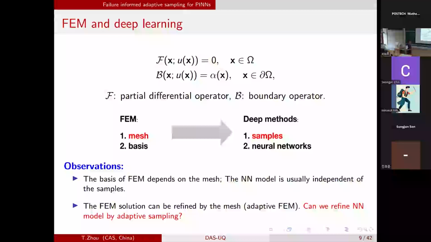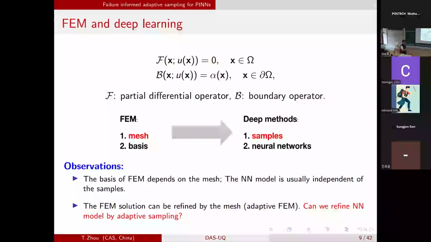You have a lot of techniques to do this: posterior error indicators, h-refinement and p-refinement, and also moving mesh methods. All these methods are developed in adaptive finite element methods. But here you have to do the same thing for neural network functions, for PINNs. So how to choose the training points?